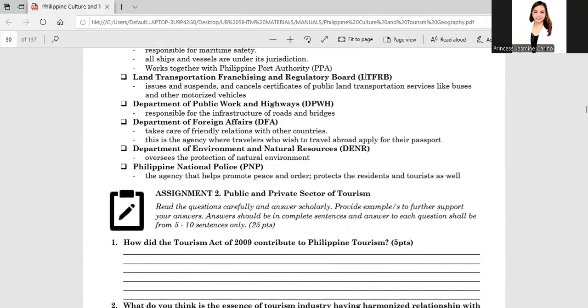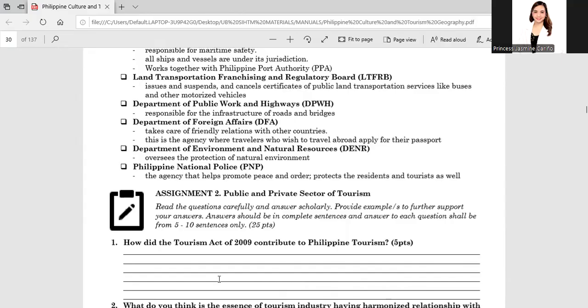All right, so let's go to the DFA. This agency is where travelers who wish to travel abroad apply for their passport. If you don't have a passport yet, I recommend you go to the DFA as soon as possible, or book an appointment, because it can be difficult. Who knows, your tita wants to treat you to Hong Kong, something like that, and you don't have a passport.